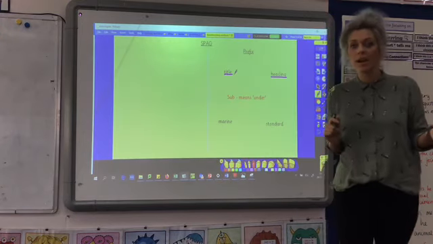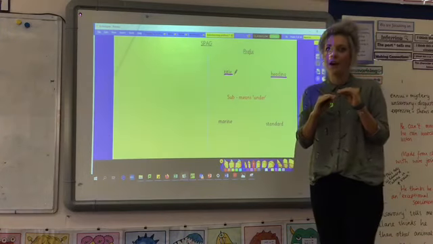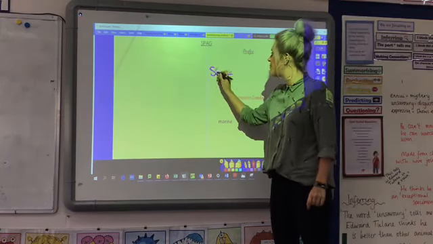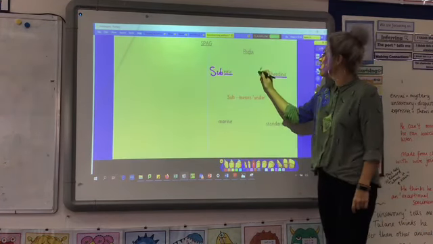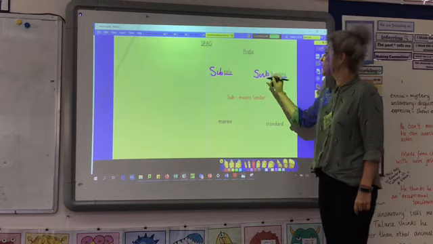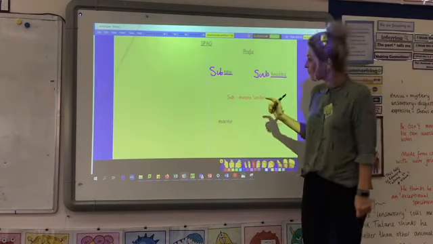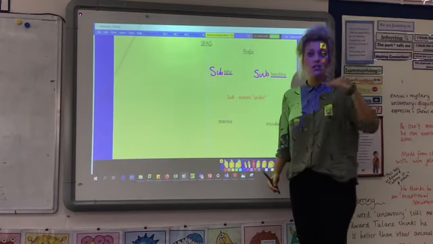Now, we have all heard our teachers rabbit on and on about don't forget your subtitles or don't forget your subheadings when we have been writing information texts in school. And here, sub means under.